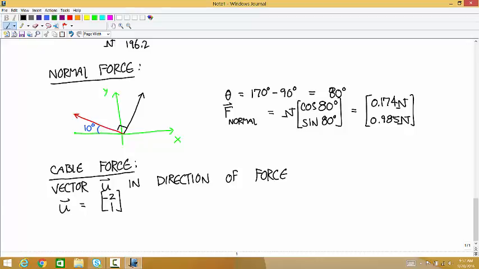That's not a unit vector, though. So now we have to calculate a unit vector in that direction. The magnitude of this vector is square root of 5.